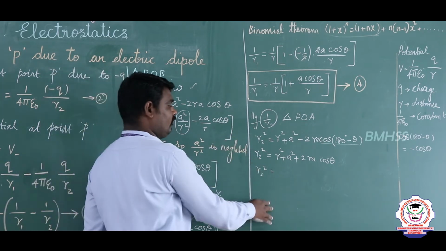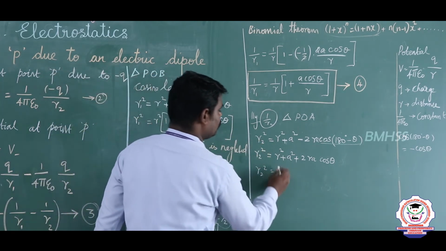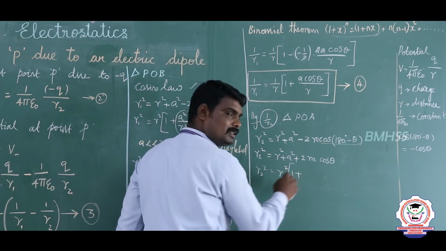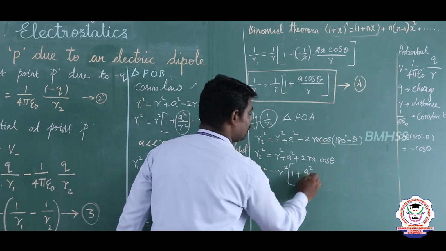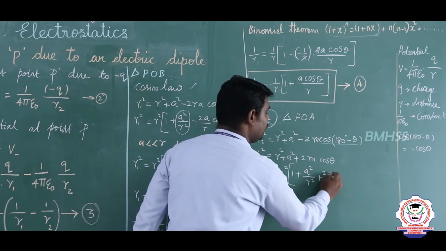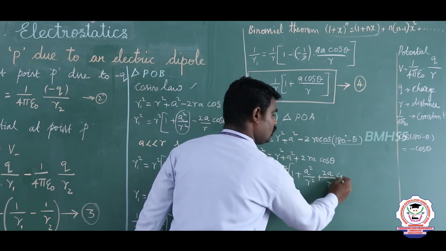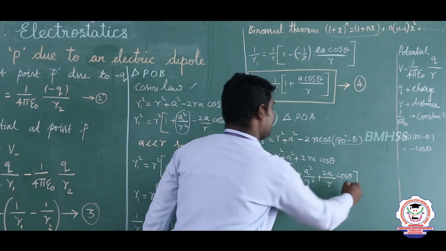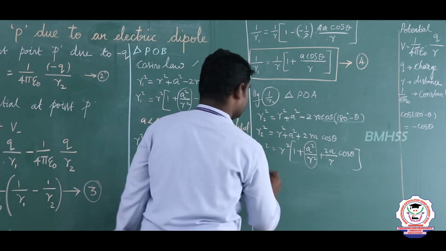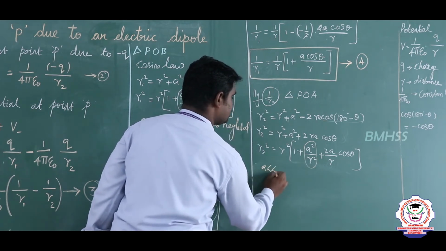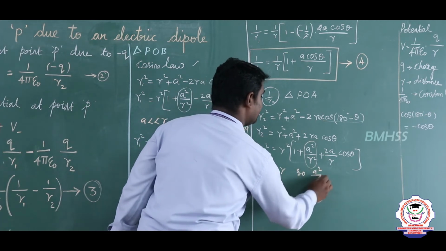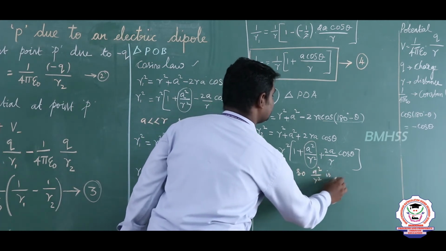Similarly, we have to find out for R2. So here take R square common, remaining 1 plus A square by R square plus 2A by R into cos theta. We have to neglect this term. Likewise, A is less than R, so A square by R square is neglected.